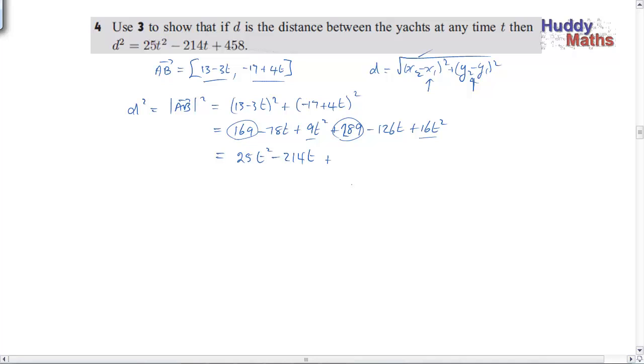Okay, just check that, 458. All right, so d squared is that, and we should put, because it's show as required.